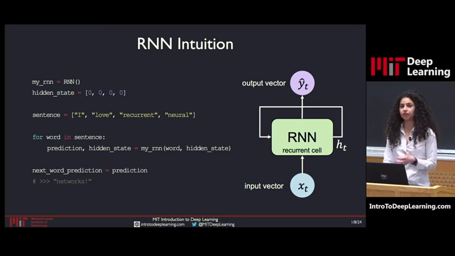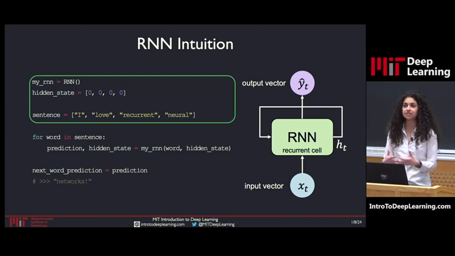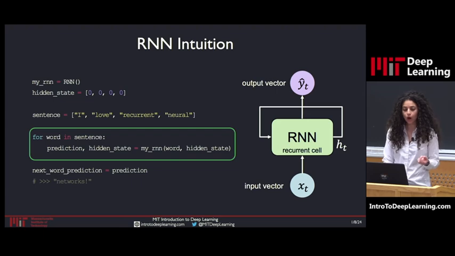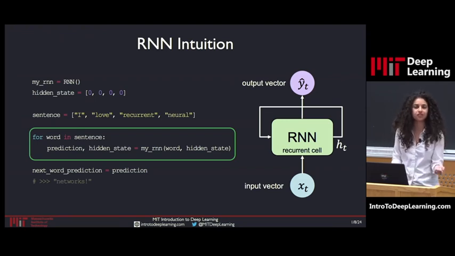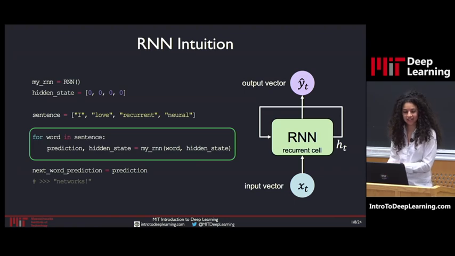We can also think of this from another angle, in terms of how we can actually implement an RNN. We think about initializing the hidden state and initializing an input sentence broken up into individual words that we want this RNN to process. To make updates to the hidden state, all we're going to do is iterate through each of the individual words, the individual time steps in the sentence, and update the hidden state and generate an output prediction as a function of the current word and the hidden state.